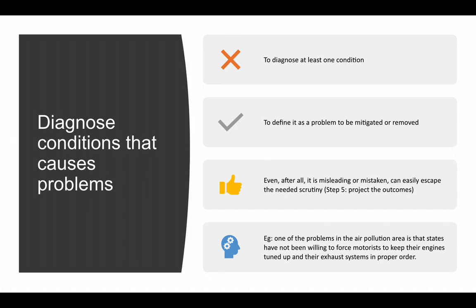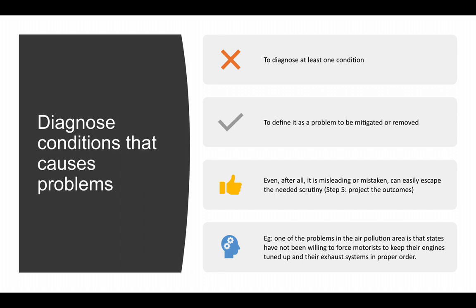Then it will help you to clearly define a problem that can be mitigated, solved, or removed. Even if, after all, you find out among a set of factors that the cause you identified, factor A, is not exactly the main cause, or is simply misleading, at a later stage it will be easy to get rid of it, as long as you clearly define it.